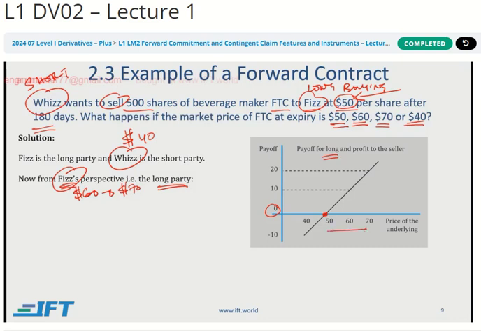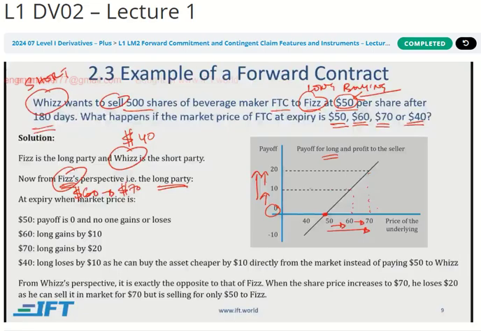And if it goes up from there, their profit is going up. So if it goes, let's say, from 50 to 60, their profit goes from 0 to 10. As you can see, this is from 0 to 10 when it is increasing from 50 to 60. It goes up another 10 from 60 to 70. Their profitability goes from 10 to 20, as you can see over here, right?